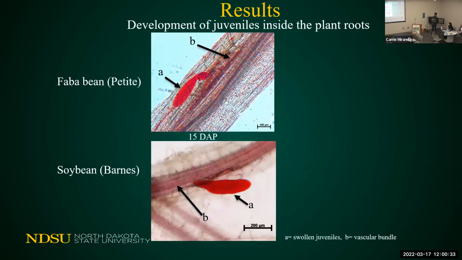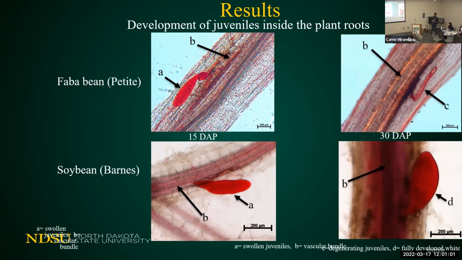These visual data, the images from root staining, also support the numerical data that I showed you. The top image is the juveniles inside the root of fava bean 15 days after planting, whereas this is the juveniles inside the root 15 days after planting in soybean. It seems like both roots are providing food to the SCN juveniles because we see both of them are swollen.